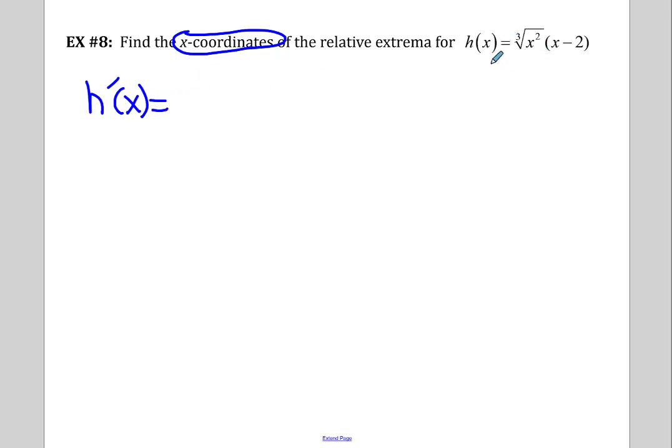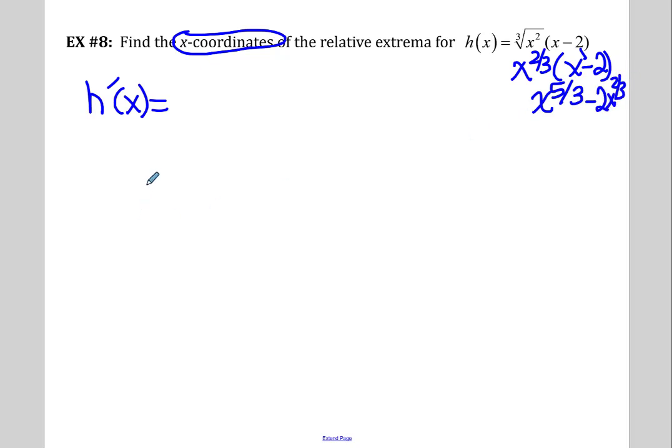So mercy me, look at this. H of x is x to the 2/3 times x minus 2. So we got a chain rule. We could say this is x to the 2/3, 1 and 2/3, so 5/3 minus 2x to the 2/3.